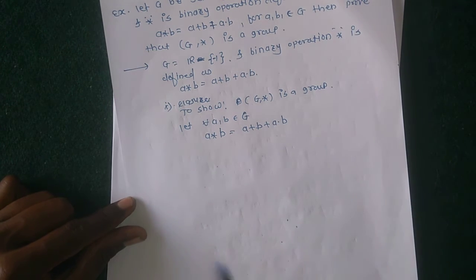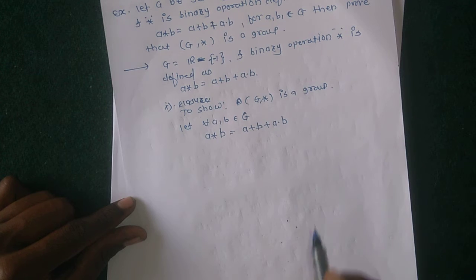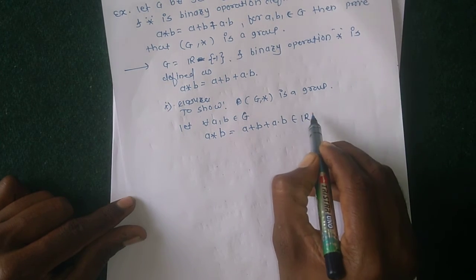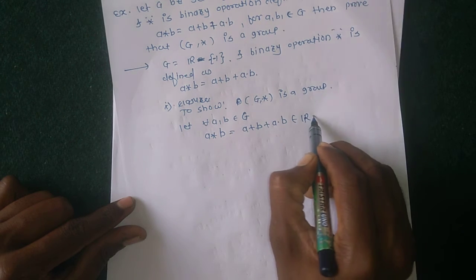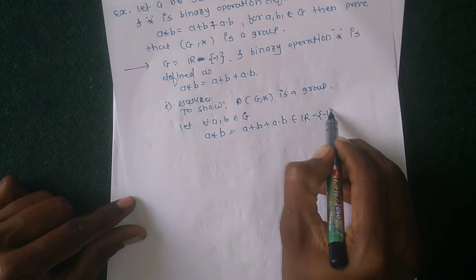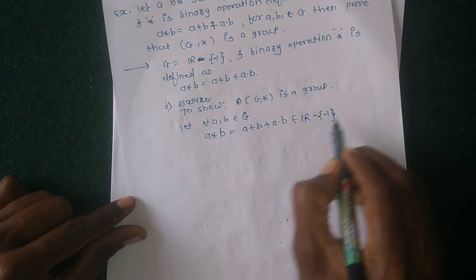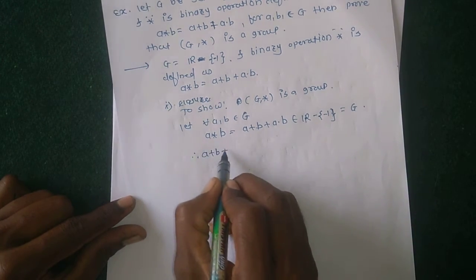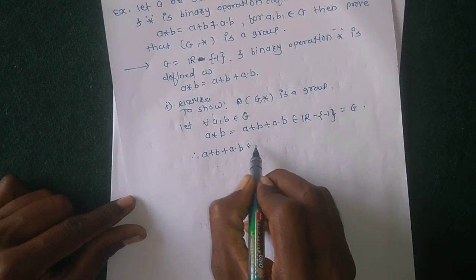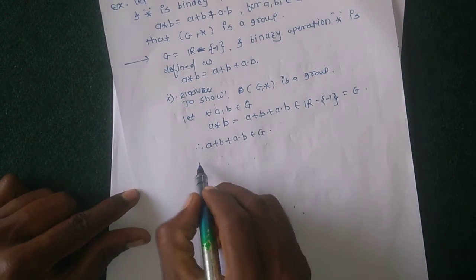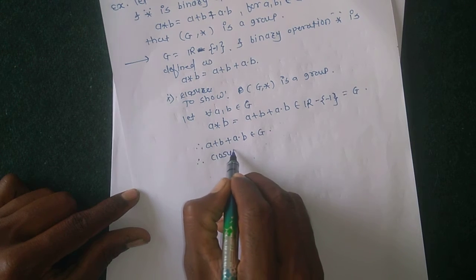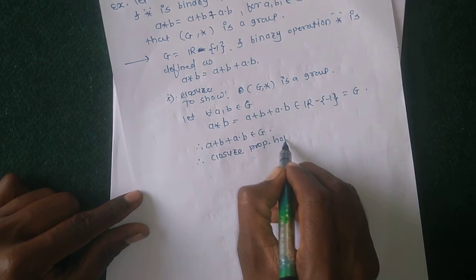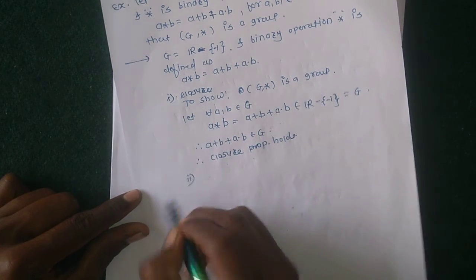Summation of 2 or 3 real numbers is again a real number, which belongs to the set of real numbers or G. Okay, therefore A plus B plus A into B belongs to G. Therefore closure property holds.